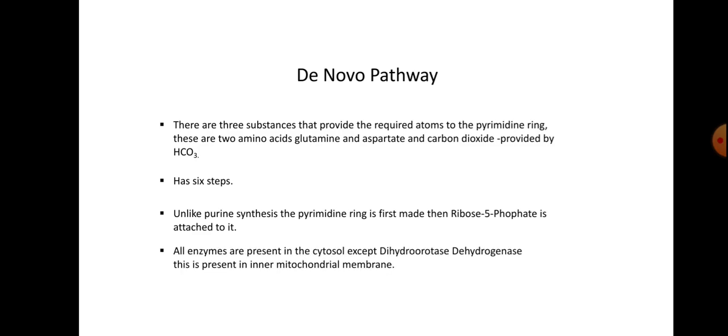And the product being formed is UMP, uridine monophosphate. There are 6 enzymes. Of the 6 enzymes, 5 are present in cytosol. The 4th enzyme, which is dehydroorotate dehydrogenase, is the only enzyme that is present inside the inner mitochondrial membrane.